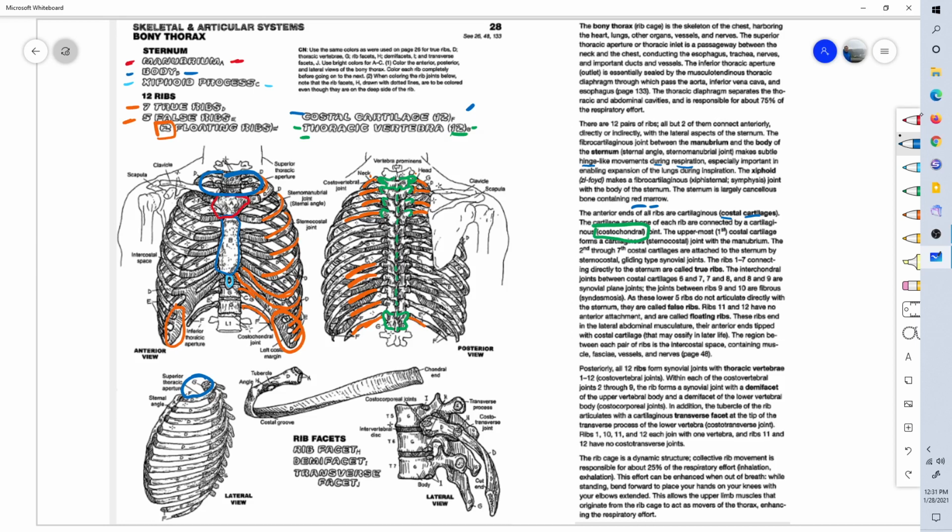And through it travels the esophagus. Your food travels down through there, and certain blood vessels to and from the heart, the trachea from which you breathe. All kinds of nerves and ducts and vessels come in and out of the superior thoracic aperture.